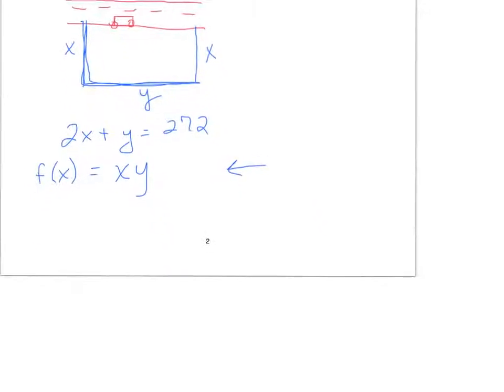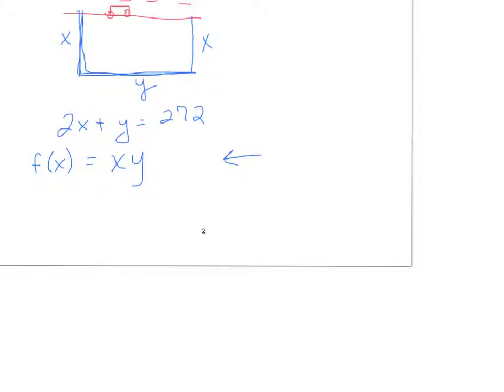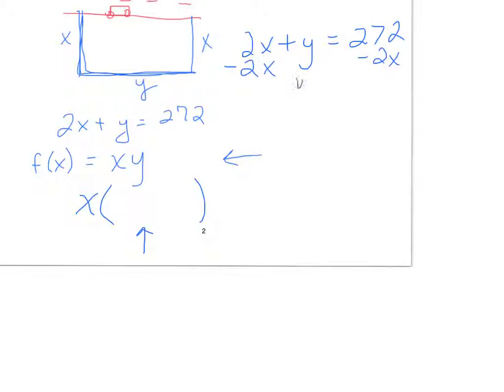All right. What I've got the arrow pointing to is what we want to maximize, which means I need a parabola. It does not look like a parabola because of that letter Y. So I'm going to go ahead and set up some parentheses. And instead of the letter Y, I want to replace it with something that only has X's. So I'm going to get Y by itself in that alternate expression, 272, which means I have to subtract 2x to get y all by itself. 272 minus 2x.